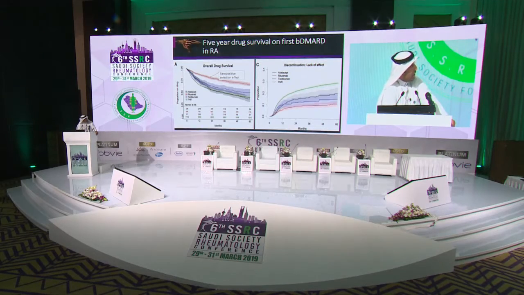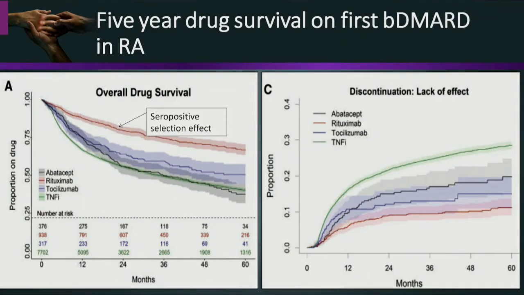When we look at discontinuation, we know our patients discontinue most biologics because of lack of efficacy. It's rarely discontinued due to side effects. And again, tocilizumab is discontinued much less than anti-TNF due to lack of efficacy in the treatment of rheumatoid arthritis over 5 years.